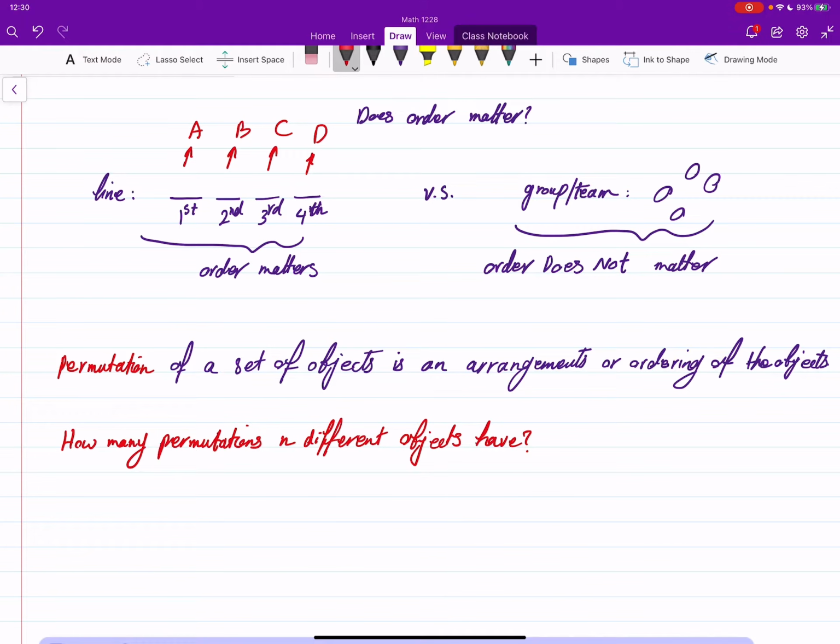So we want to count how many permutations. Whenever it comes to permutations, and there is a word here that I'm not writing now, that's linear permutation. It's like, okay, there is a line or assignments or duties assigned.